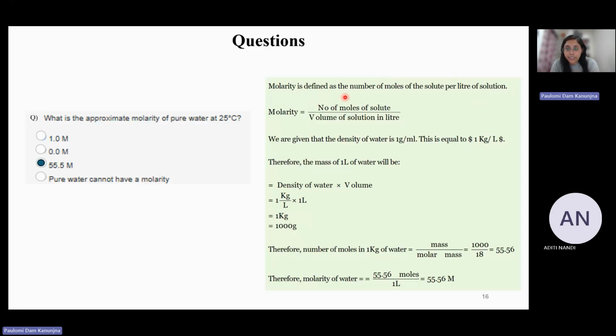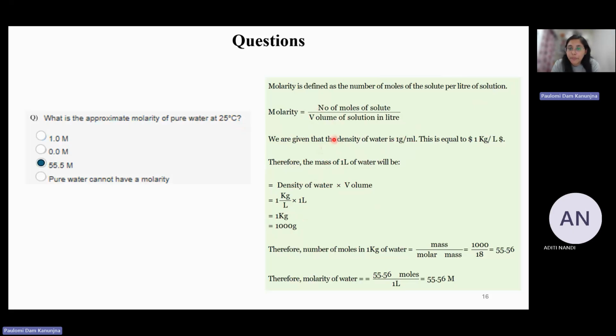Now, when you say pure water, we know the density is 1 gram per ml or 1 kg per liter. With that, we can calculate the mass of this water. You know it's 1 kg or 1000 grams. So you have the mass.